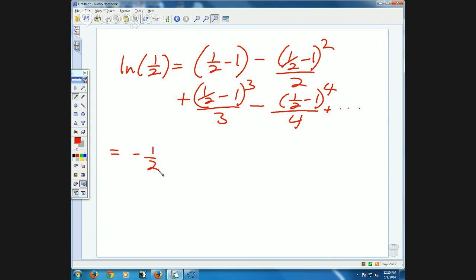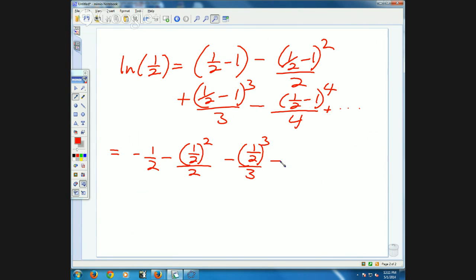Then I'm going to have a minus the second term. For the second term, it's going to be negative 1/2 squared, which is 1/2 squared over 2. What's the third term going to be? Negative 1/2 cubed, which is negative, so I'm going to rewrite it as 1/2 cubed over 3. Notice that all these things are negative, so my answer is going to be negative. It's interesting. What's next?